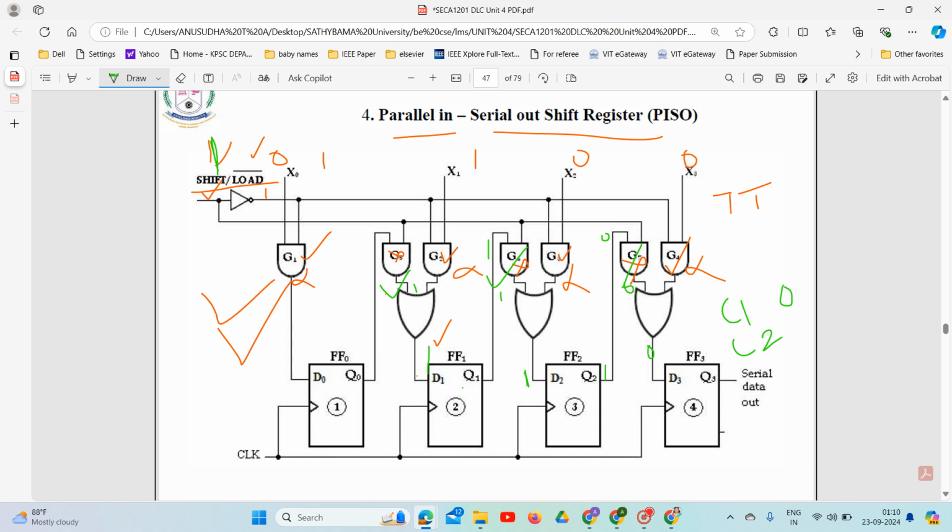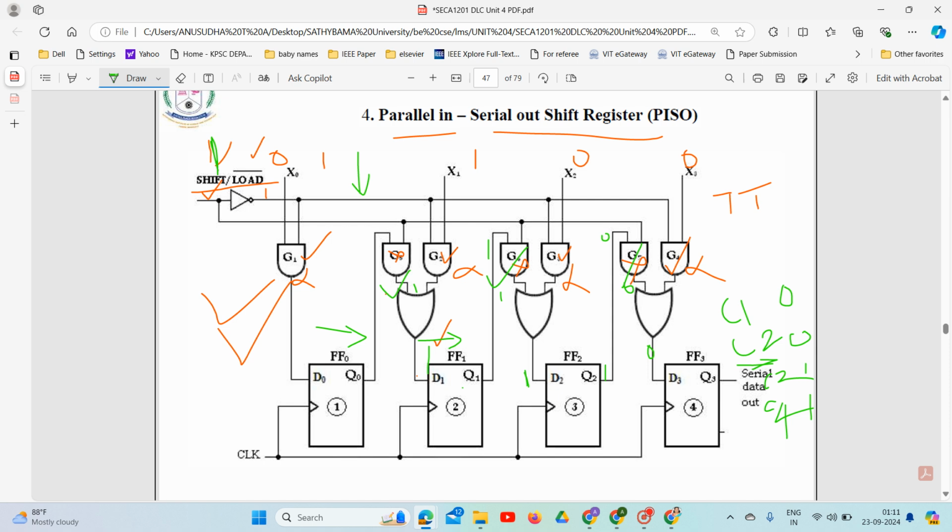So your Q3 output is 0, right? For C3, Q2 output is 1. For C4, Q2, Q3 output is 1. So your final output is 0, 0, 1, 1, right? Double 1, double 0. So like that we are transmitting the data parallelly and we are shifting the data in order to receive the data serially. This is a right shift.